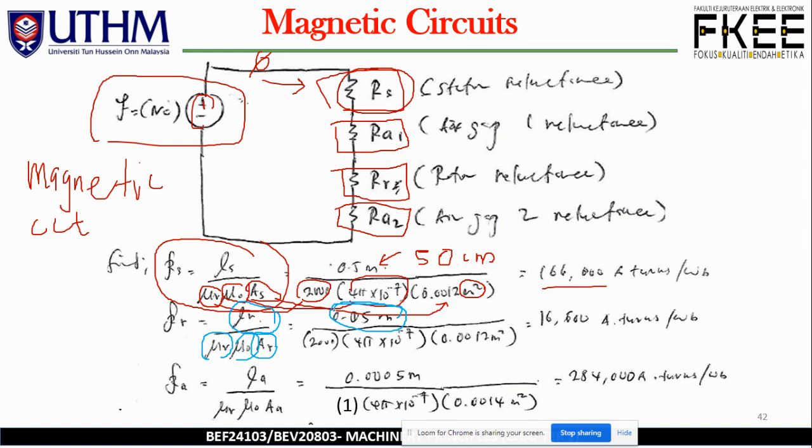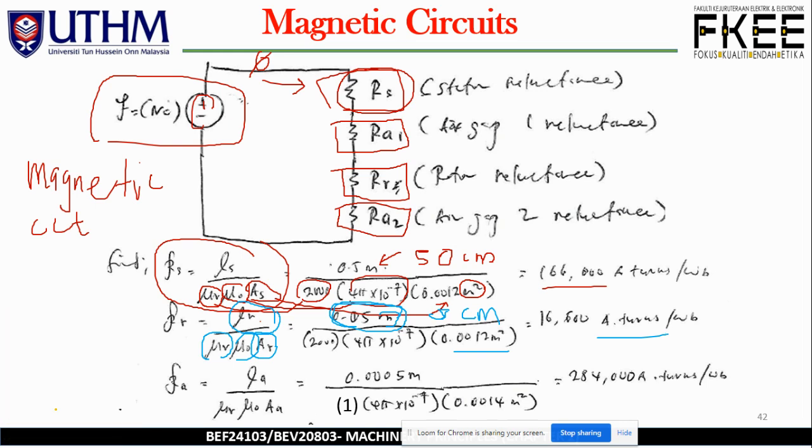For the rotor mean flux length, just now we have 5 centimeter, or we can simply say this is the diameter of the rotor. 5 centimeter converted into meter, don't forget, divided by 2000, the relative permeability, times mu naught over here, and then Ar, the rotor cross-sectional area. This gives 16,600 ampere turns per Weber.